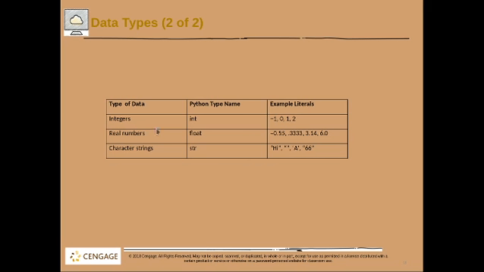We have the different types of data: integers, real numbers, and characters. So integers are whole numbered values. We have the floats, which have decimal points, and this is one of the main contentions between Python 2 and Python 3. Since both of them are numerical data, you can perform arithmetic expressions here.